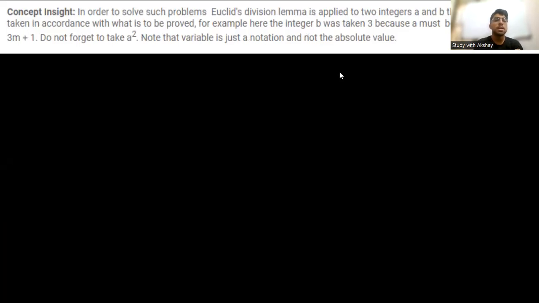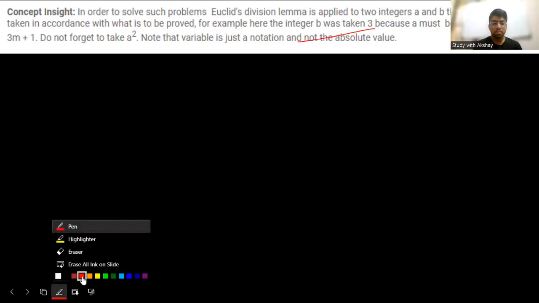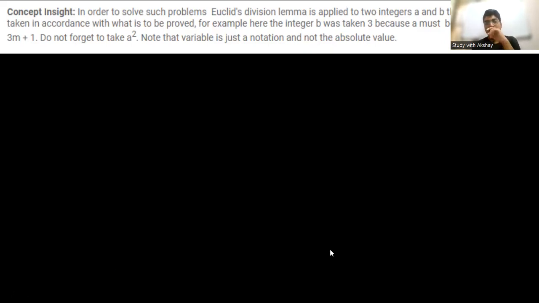Integer b must be taken in accordance with what is to be proved. For example, b is taken as 3, so we must get the form 3m or 3m plus 1. Do not forget they have taken it as a square, so take it as a square. Note the variable is just a notation. It's not an absolute value. K1, K2, K3 we have taken, it's just a notation. Copy it down.